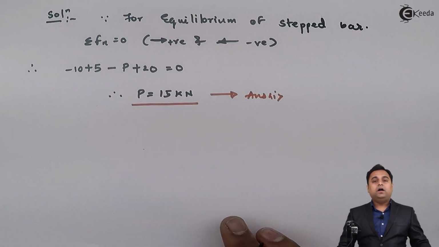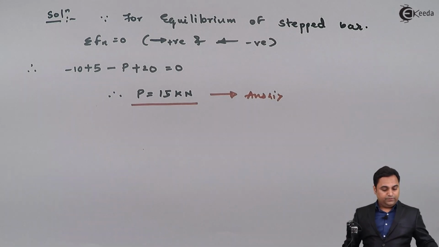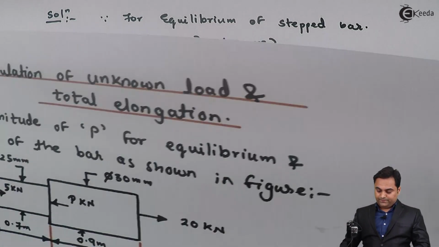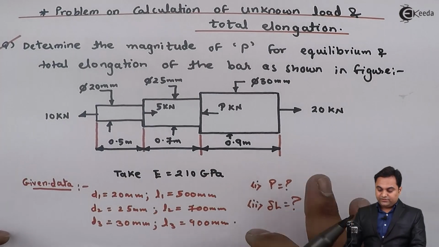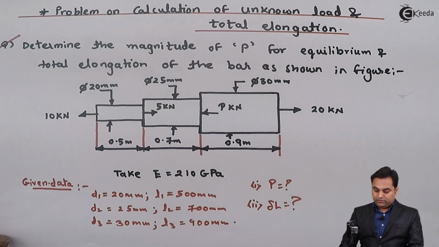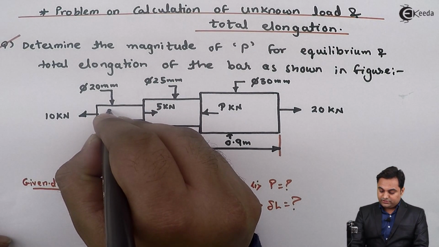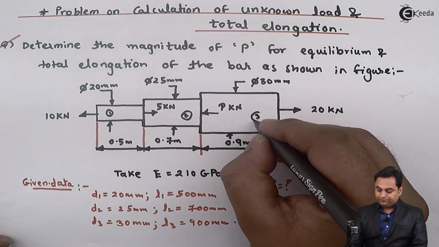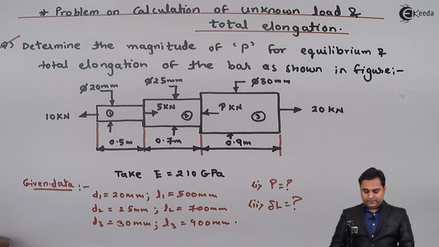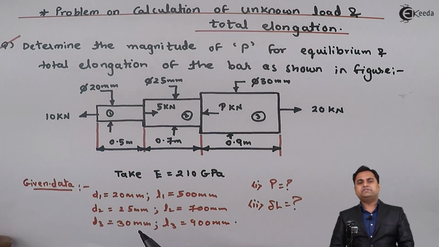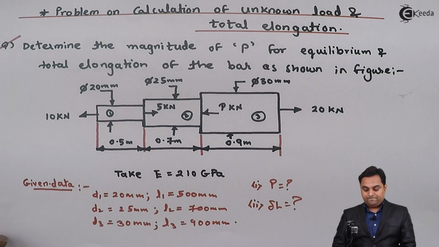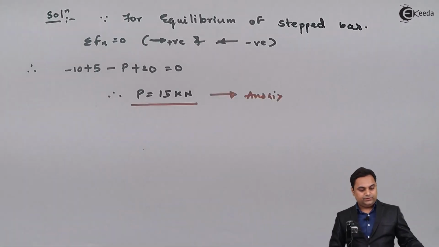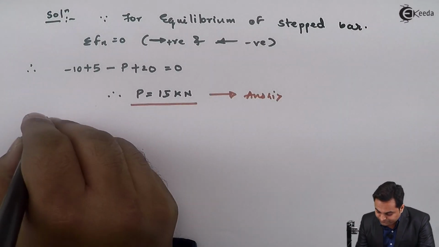Next, after getting the value of unknown load, as the stepped bar is given in 3 different sections, I'll call this first section. Here we have the second section, and here the third section. As their diameters are given, the first thing is we can calculate the area for all 3 sections.